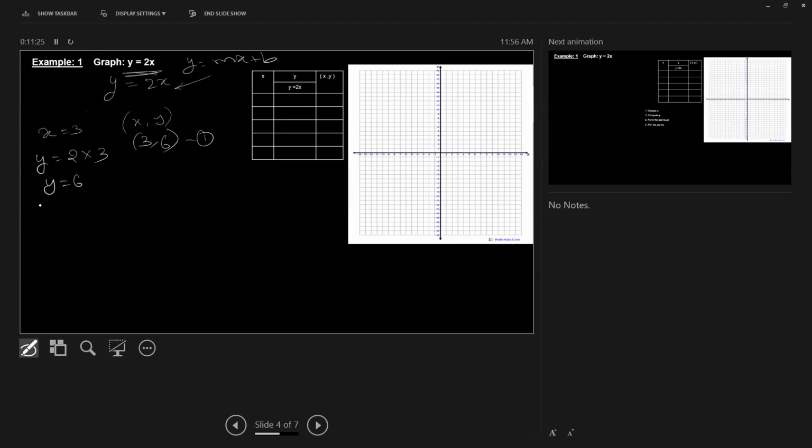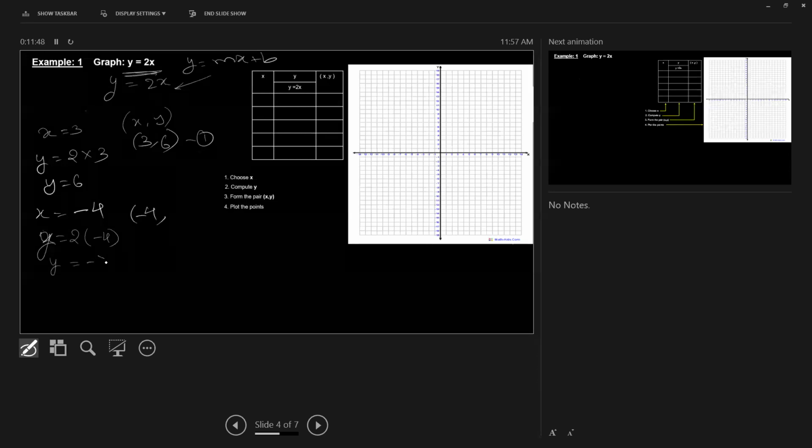For the second one, let's take x equals minus 4. Now we are going to find y. So y equals 2 times minus 4, y equals minus 8.